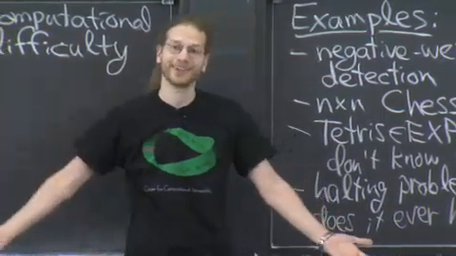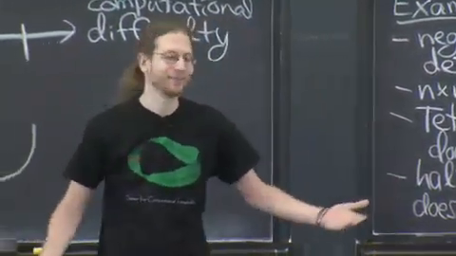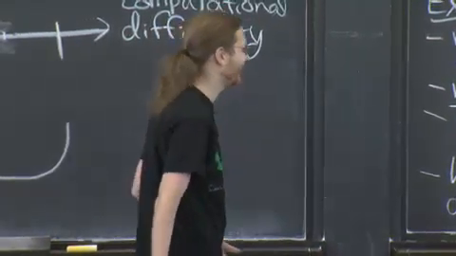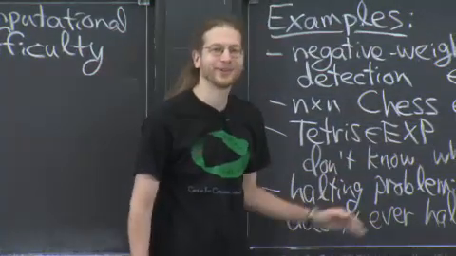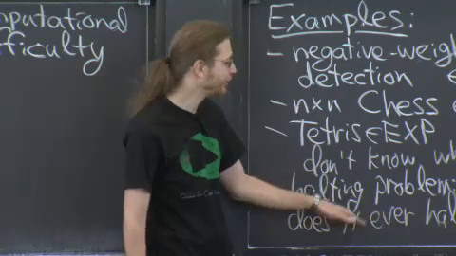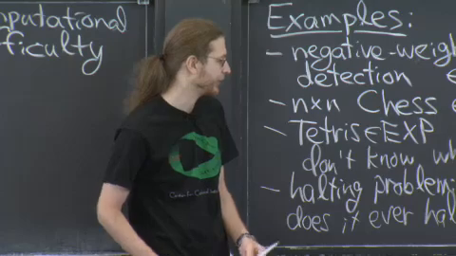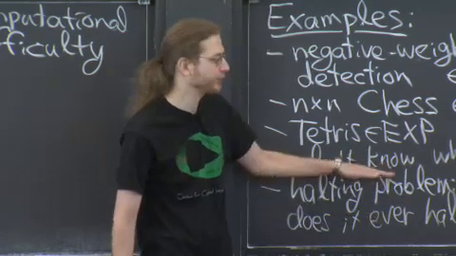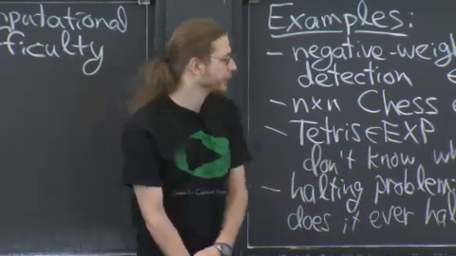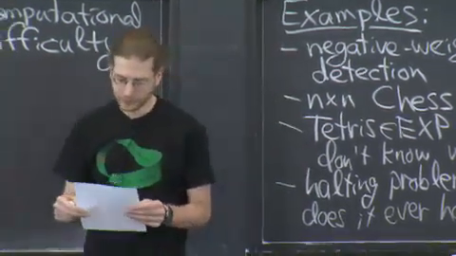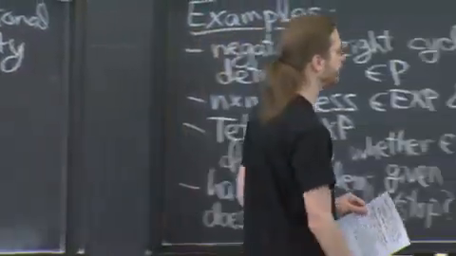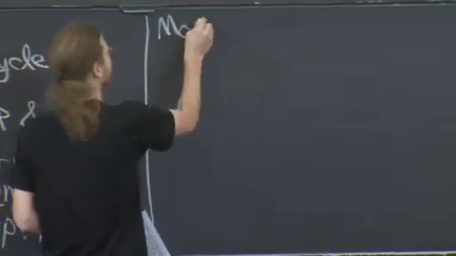In infinite time, I can solve it. Just run the program. But given finite time, there's no way to solve this. And so this is a little bit beyond what we can prove today. It's not that hard to prove, but it takes half an hour or something. I want to get to other things. But if you take 6045, they'll prove this. What I want to show you instead is an easier result, that almost every problem is not in R.